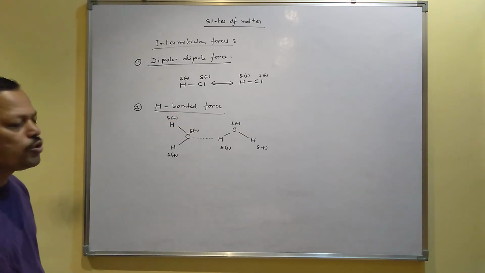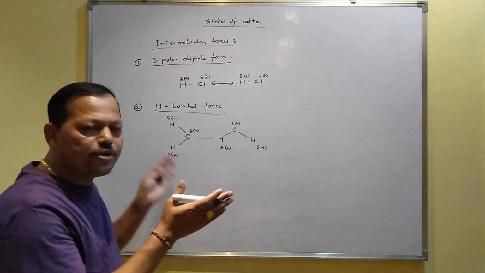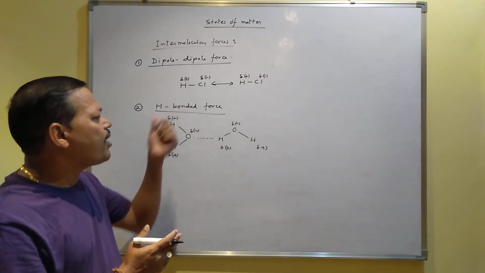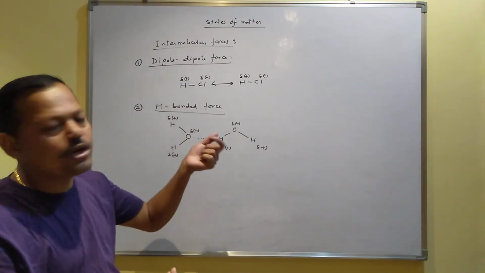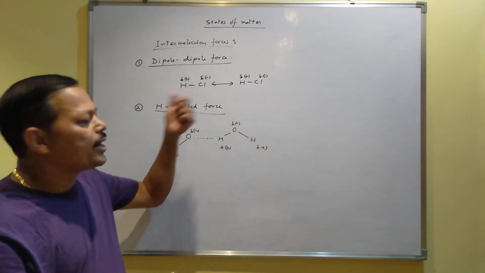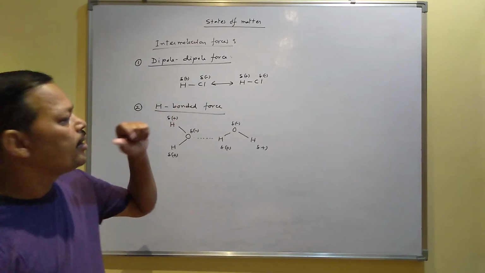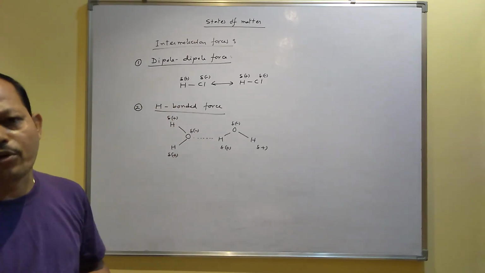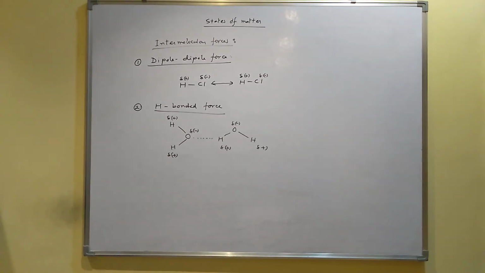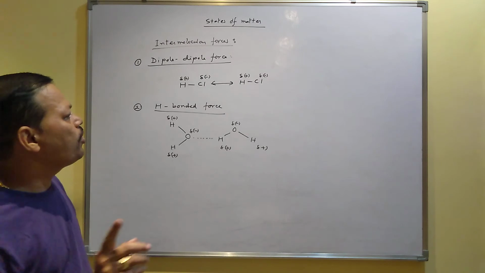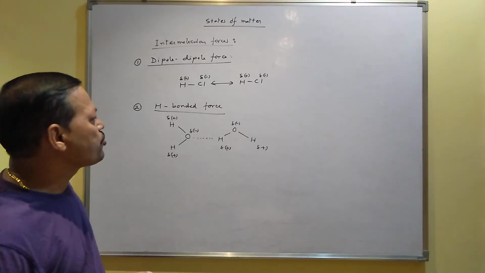I mean those molecules which can form hydrogen bond, they will have hydrogen bonded force, and those molecules which cannot form hydrogen bonding but they are polar, that type of force is called dipole force. So there are two types of forces, one is called dipole force and one is called hydrogen bonded force.